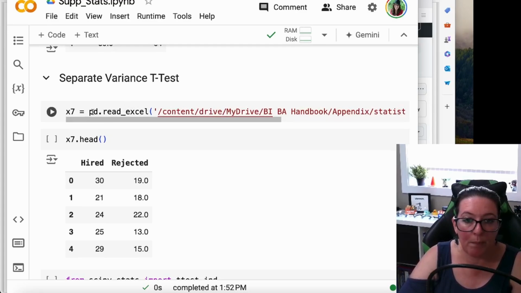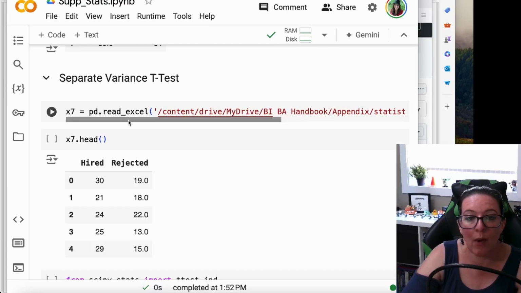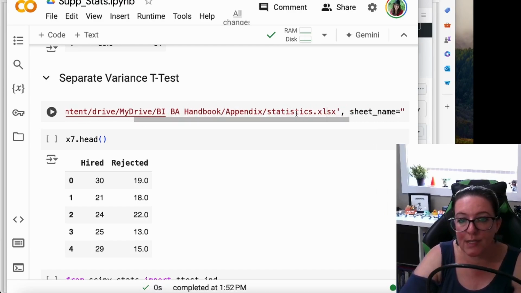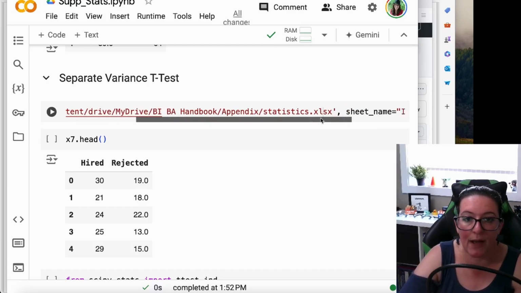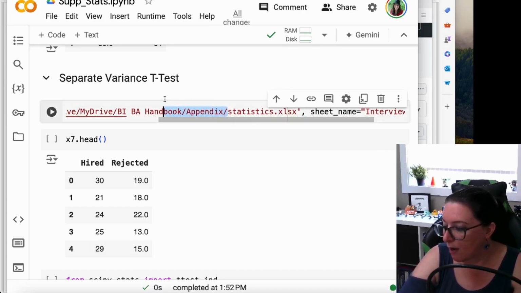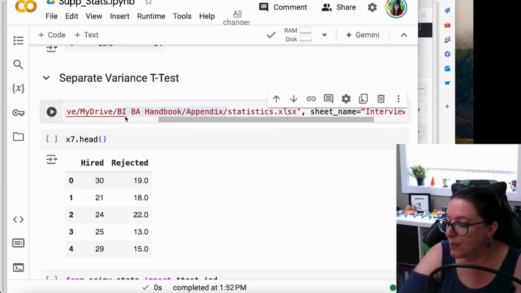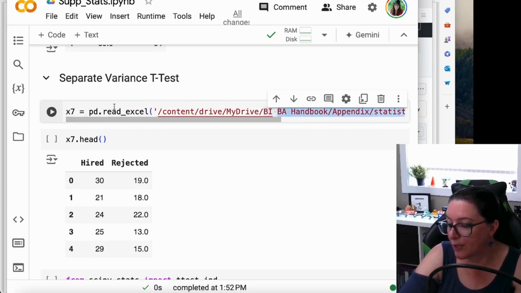And now that we've loaded pandas and we have linked it to our Google Drive, we can now have it load in our statistics.xls file because we want that sheet that is called interview. So again, this part of the code here is where you've located it inside of your own Google Drive so that you can pull in your data set.